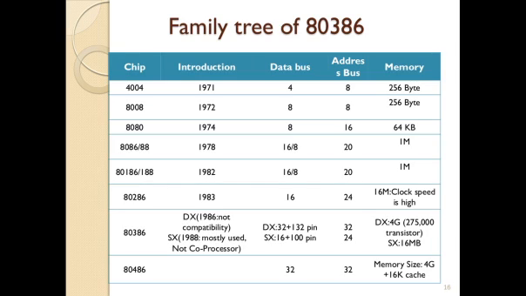It was introduced in 1978. Then the first 32-bit processor, the 386, was introduced in 1986. The version was DX, and the second version, in 1988, is SX. Next, 486 is also a 32-bit processor. So these are some processors developed by Intel, and they are used in personal computers.